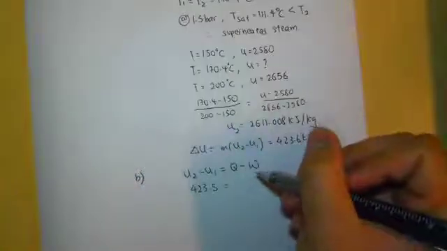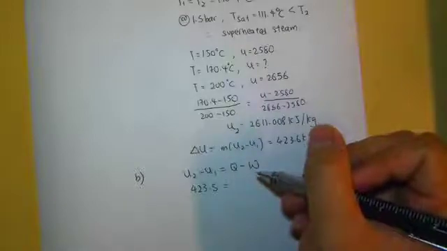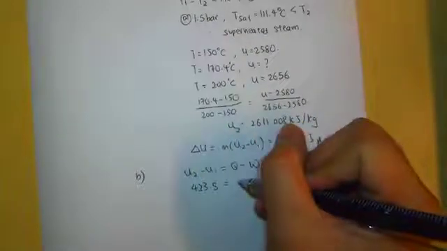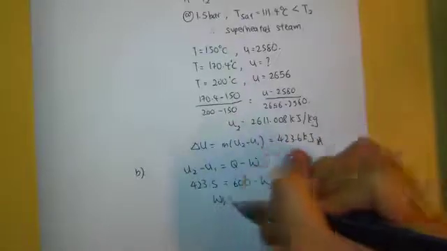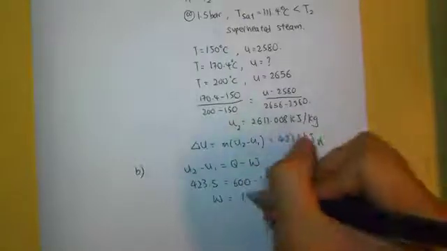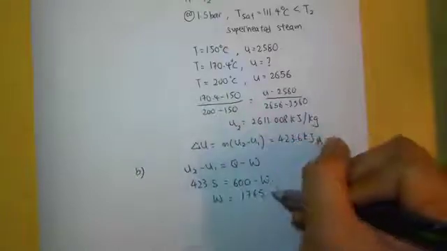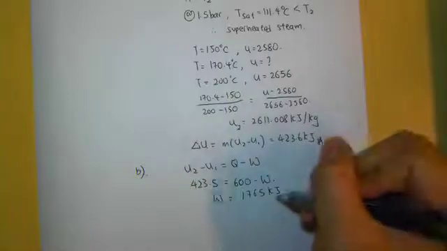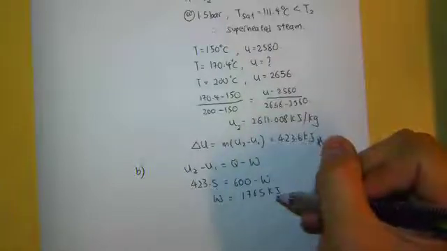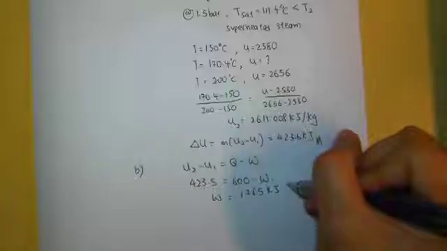Q is 600 kilojoule, and since it's Q supplied to the system, it means Q in, so Q in is positive. From here, calculate your W, and you will get 176.5 kilojoule. Since this is a positive W value, this will be work output.